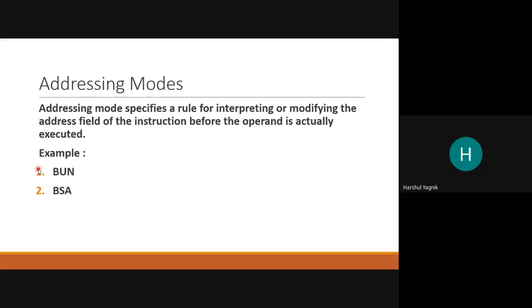So again, the addressing mode specifies a rule for interpreting or modifying the address field, where either an address or an operand will be there, in the address field of the instruction before the operand is actually executed.